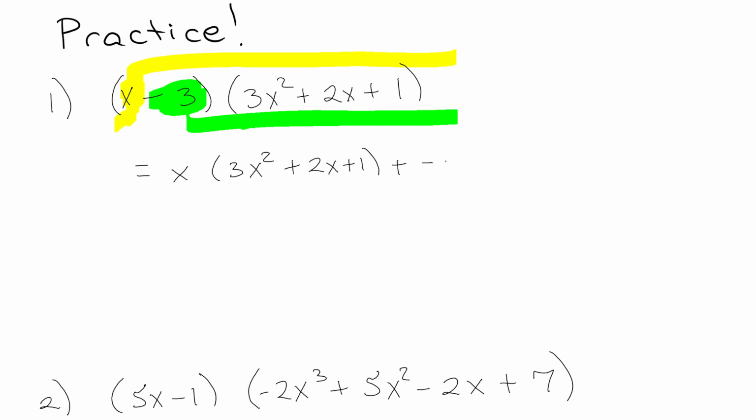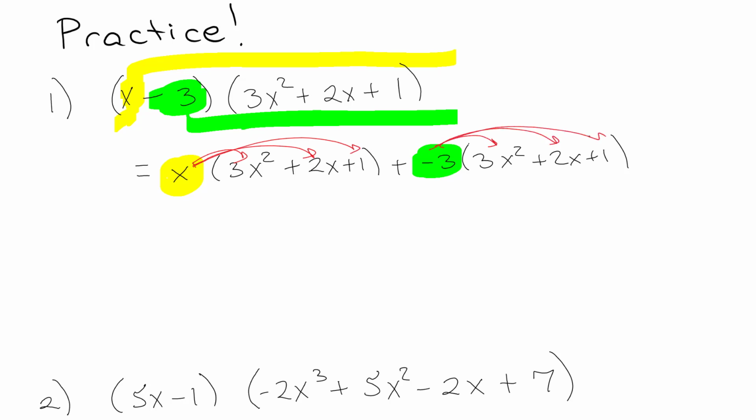and then the -3 multiplied by everything here. So we've got the -3 and the x. And this goes to each term, and this goes to each term. All right. So I have x times 3x squared plus x times 2x plus x times 1.